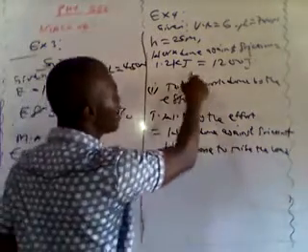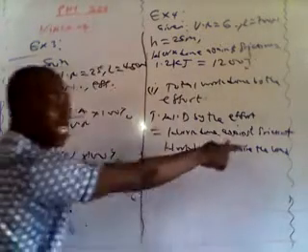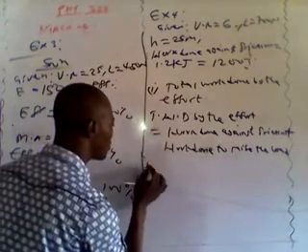Yes, if you guessed that, you guessed right. Don't forget, work done against friction has been given as 1,200 joules. Then you need to calculate the work done to raise the load.